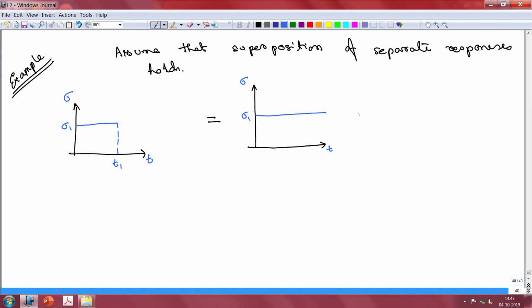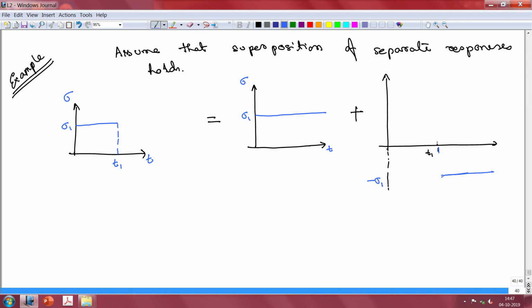And then this is added to another signal, at time t1, where you impose the signal of minus sigma 1.